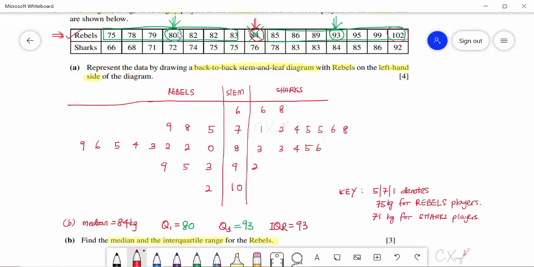It should be Q3 minus Q1, and therefore your IQR should equal 13. Usually I will write out the unit in full, so you should write 13 kilograms. Okay, so this is what you have for the median and also the interquartile range. This is what I have for part B.